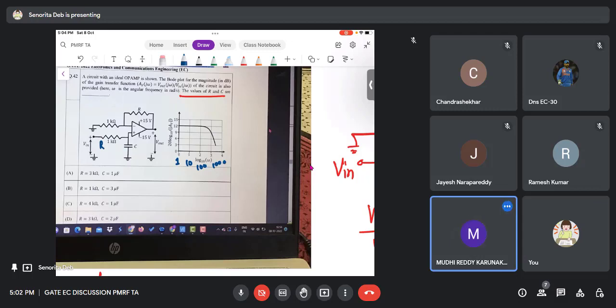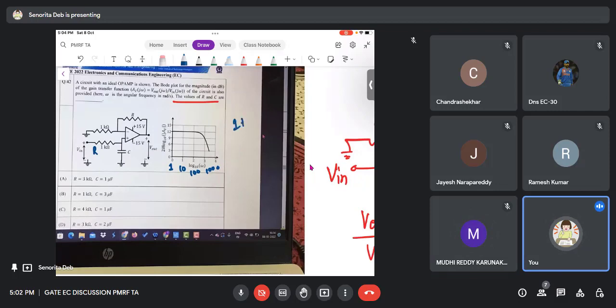Yeah, we have taken omega as 0 instead of 1. So the thing is that you can consider it as DC. 1 hertz is the frequency, so it's very low. Yes, ma'am. So the capacitor will have a very high reactance, so it will basically act as an open circuit only.